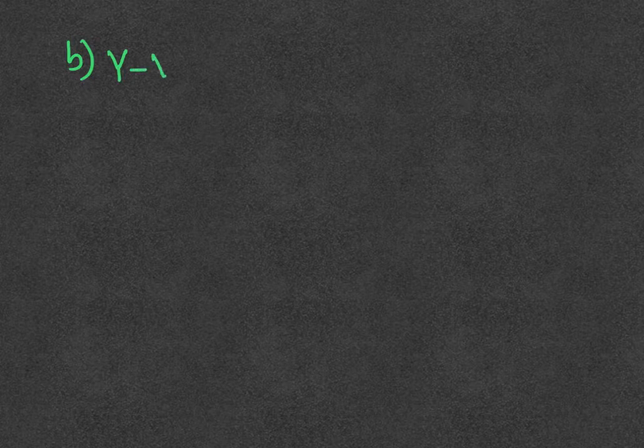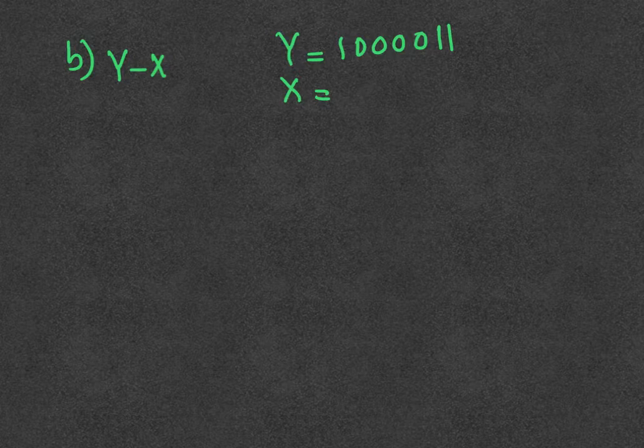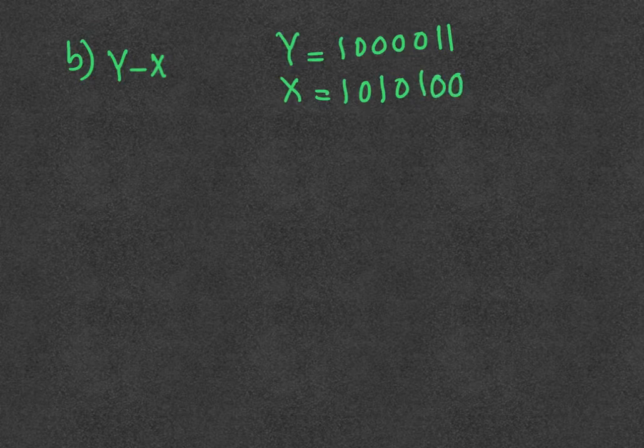Let's see what we get for y minus x. So let me write it down again. Y is 1 0 0 0 0 1 1, and your x was 1 0 1 0 1 0 0. So now we want to find y minus x.